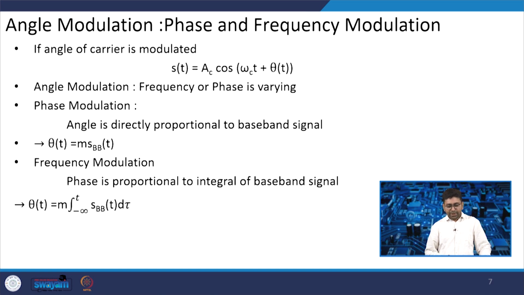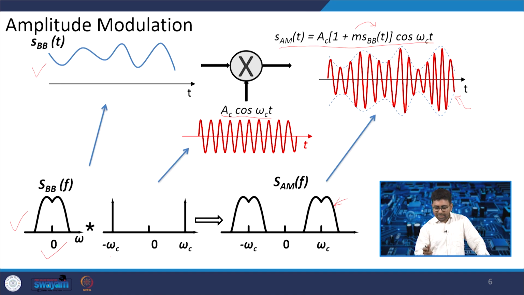There is another kind of modulation scheme called angle modulation. In amplitude modulation, we just changed the amplitude of the carrier signal with the baseband signal, but in angle modulation we play with the angle, which is omega_c t plus theta.